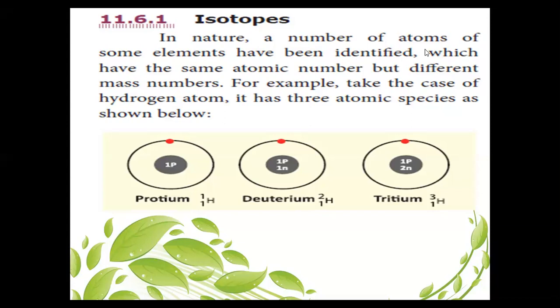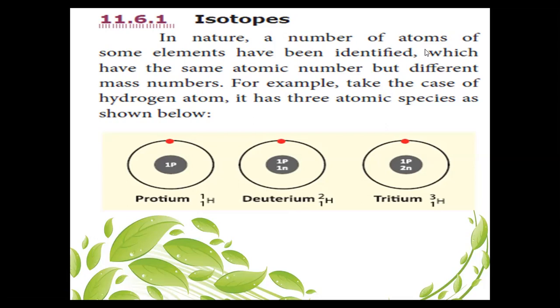Isotopes means same atomic number but different mass number, and same element. So isotopes means the same element, same atomic number but different mass number.